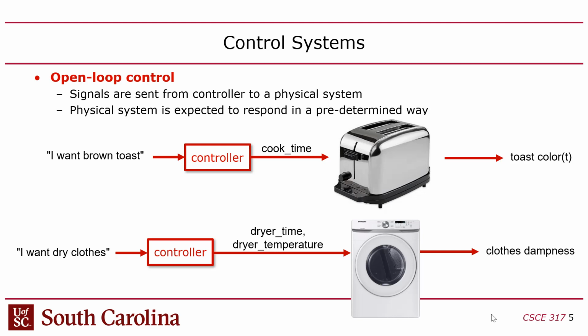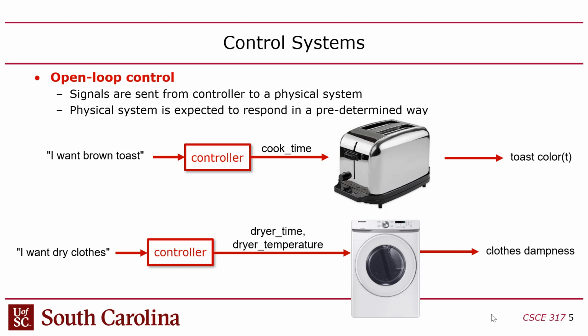It just simply takes the input from the user with the color, usually like a 1 to 4, and then it adjusts the cook time. Ideally it would be calibrated in some way where you can expect to get a certain color given a certain input in this controller, but there's no guarantees.